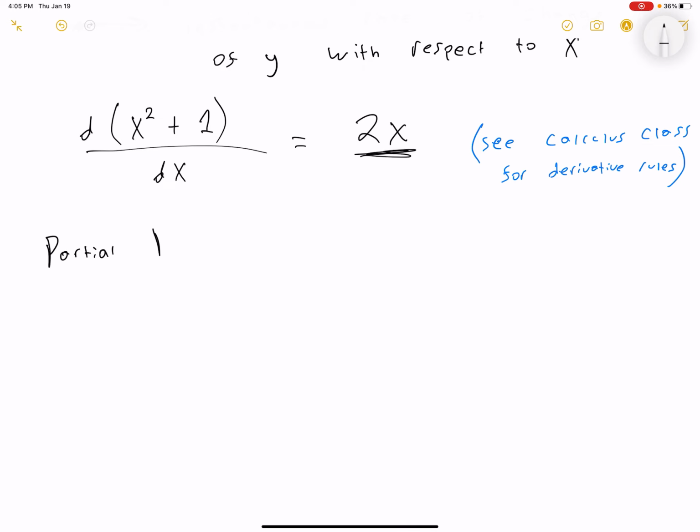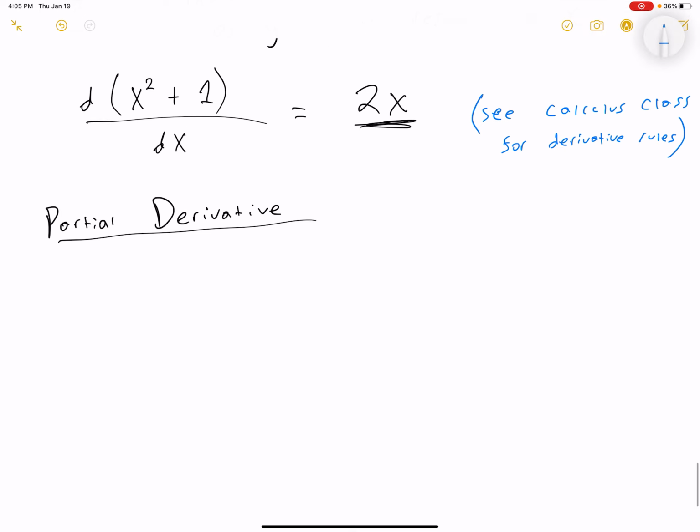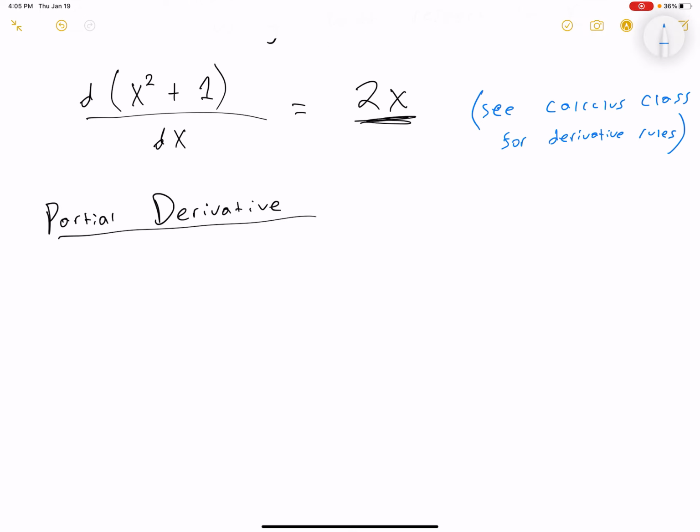So there's also a concept of a partial derivative. Have we learned about partial derivatives? Okay, cool. So this will be review. But partial derivative is the same concept, but when you have a multivariable function.